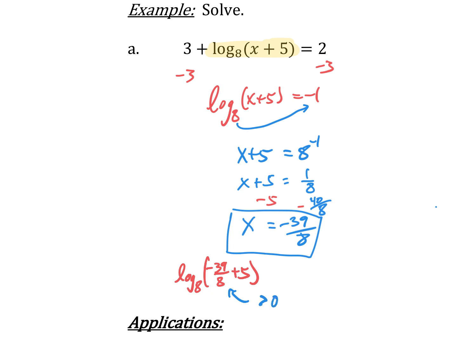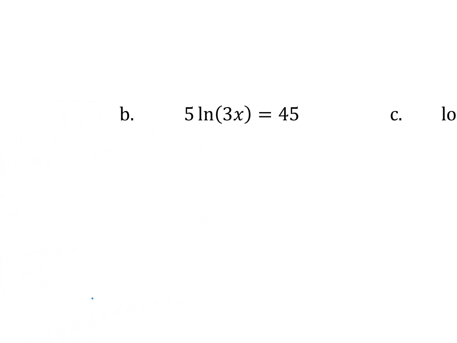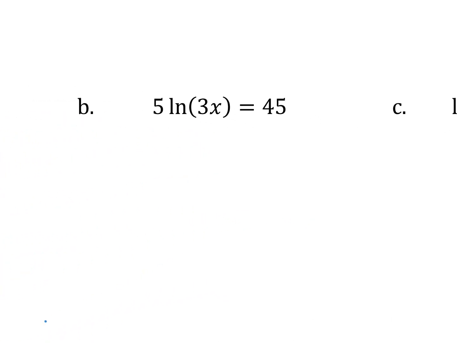So yes, that is greater than 0, and this does check out. It's in the domain. If it's not in the domain, then we have a domain problem there. Because 5 is 40/8, as we saw up here, 40/8 plus -39/8 is 1/8, and that's that -1. So it checks out.